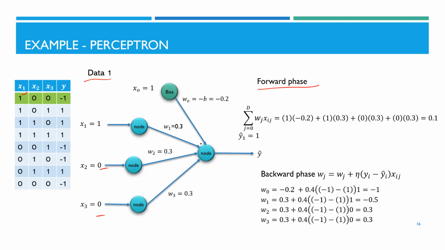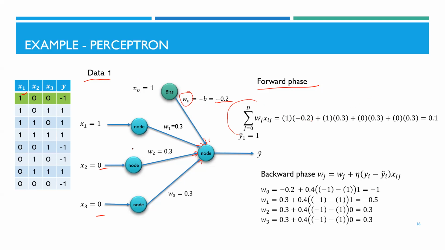In the forward phase, basically we calculate all the input here in the output layer. So this is the equation. We start from the bias. The bias is 1 because the input is 1, so we have 1 times minus 0.2.